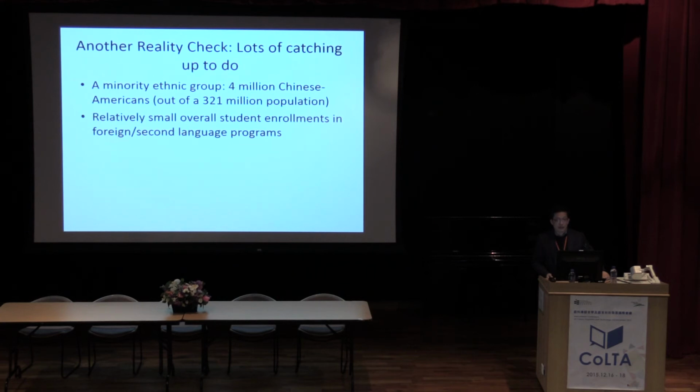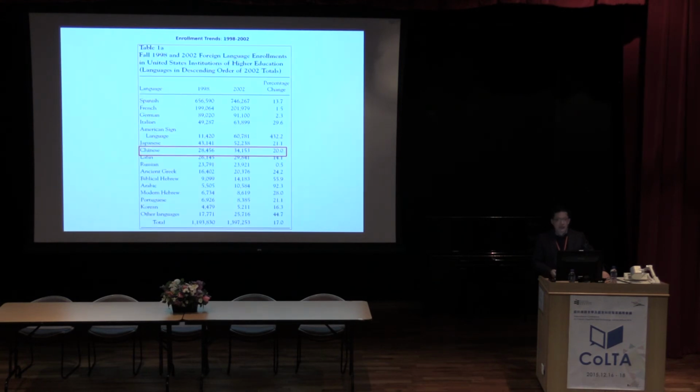And also, in terms of foreign language enrollment, if you look at all the foreign language programs offered in the U.S., Chinese is growing, definitely. There's no question about that. But overall, let's take a look at some of the figures. This one is kind of old.